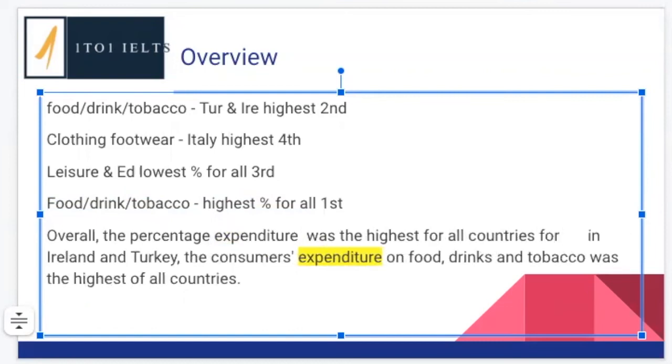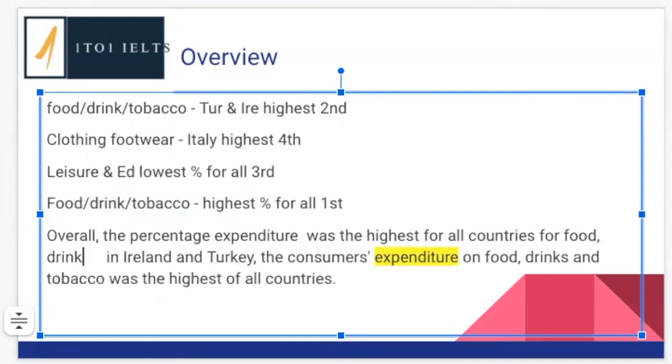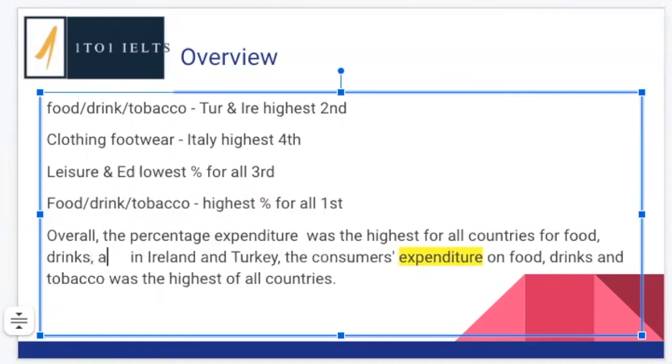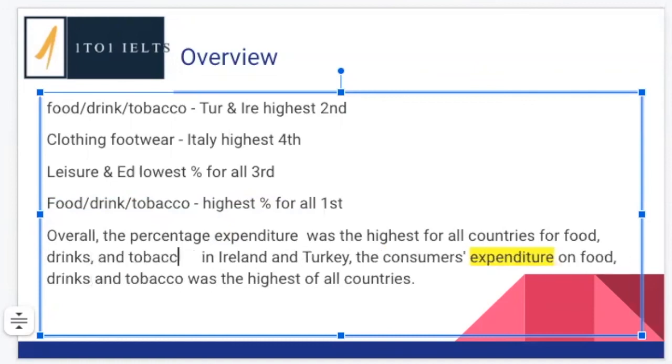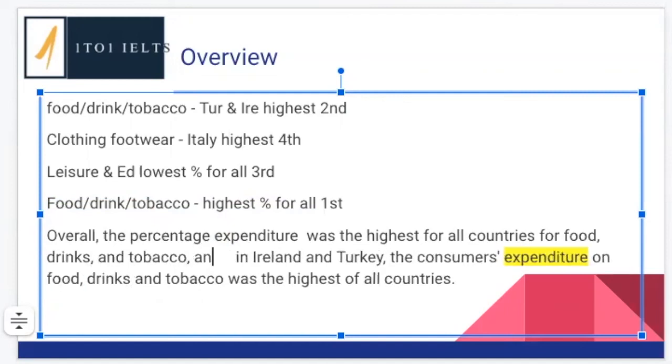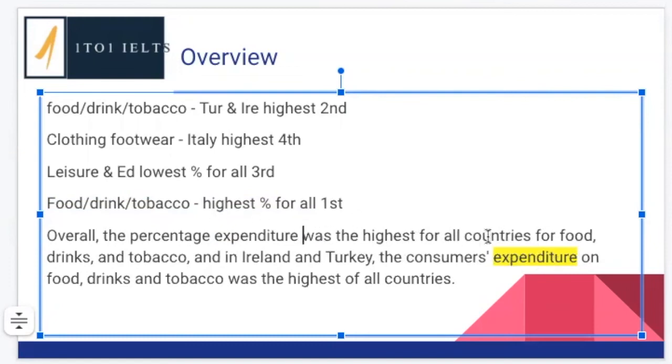For food, drinks, and tobacco, and so we can add this here in Ireland and Turkey. The consumer's expenditure. So we've kind of already mentioned this. So how can I make this a little bit less repetitive?